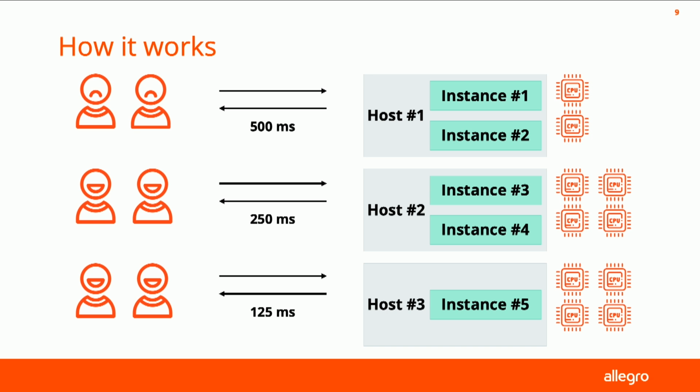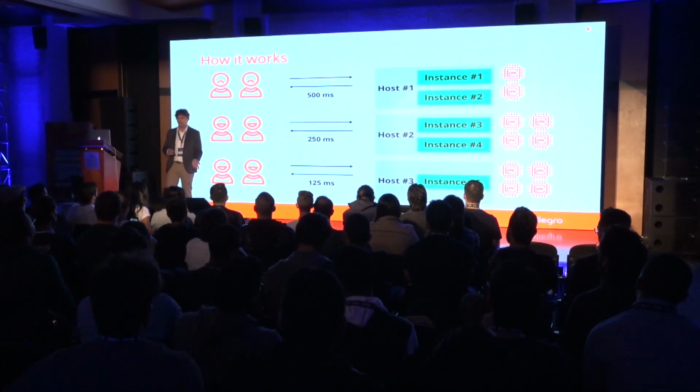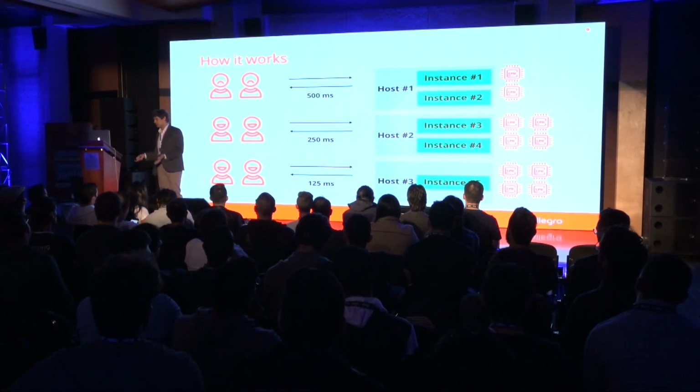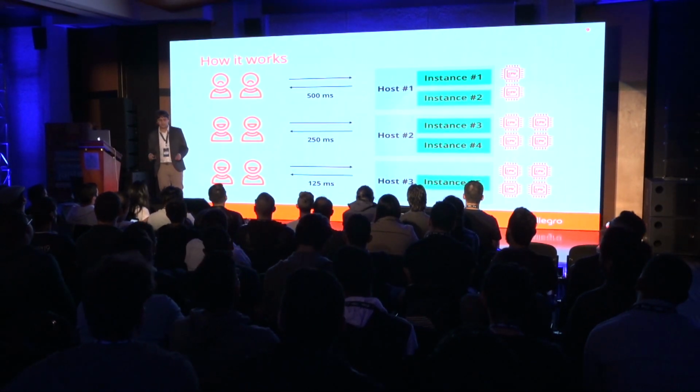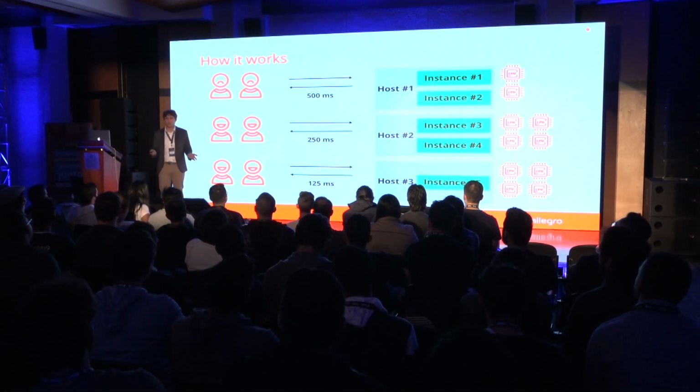You enable users' workloads on that architecture, and since some of the instances are deployed on less powerful hosts and some on more powerful hosts, and since the distribution of the instances is uneven, some of the users experience lags. Some of the requests start to take less time, some of the requests start to take more time, and users are not as happy as we want them to be.